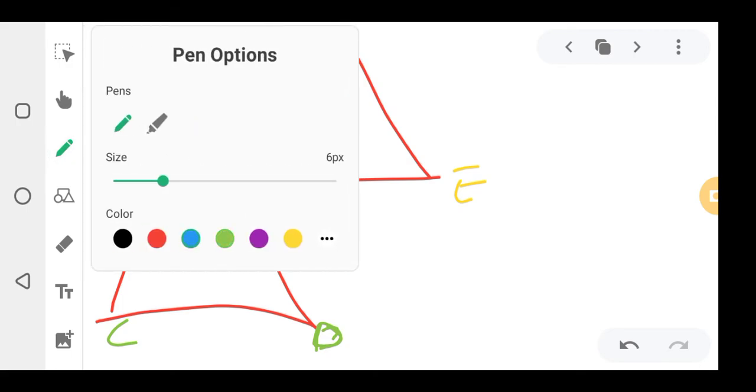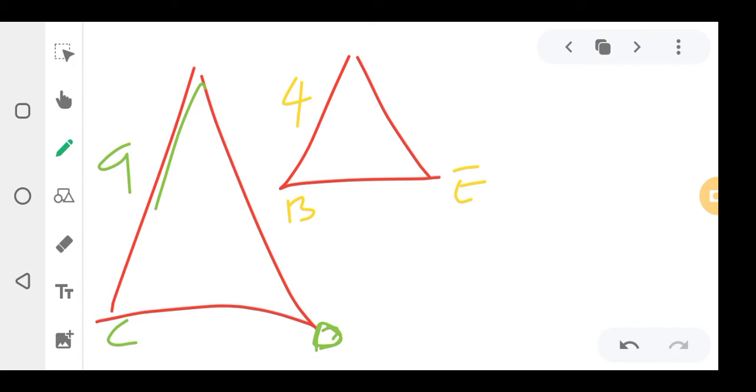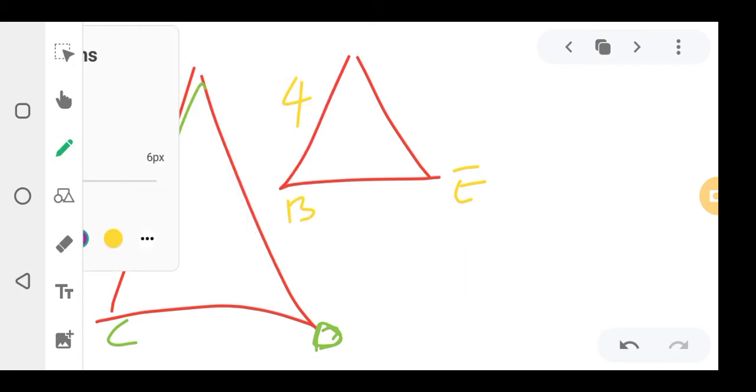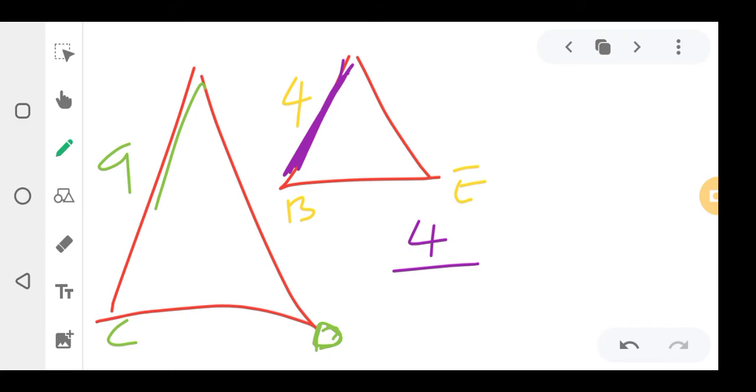You do the ratios in the same way. So again, we'll start now. How are the ratios supposed to be? The slant height here is 4, so we'll start with the smaller one. 4 over the slant height this side, which is 9, so over 9. Slant height over slant height is equal to down distance over down distance.